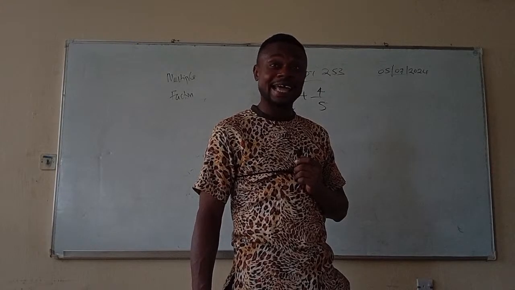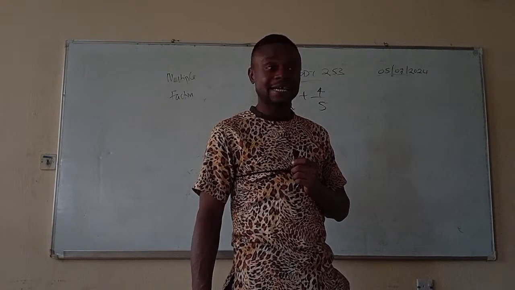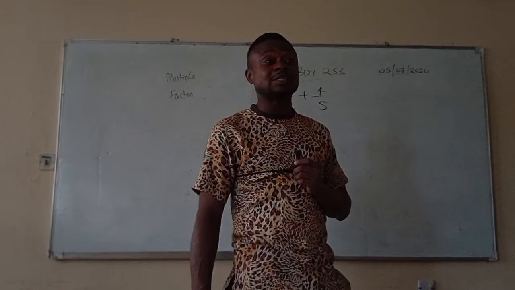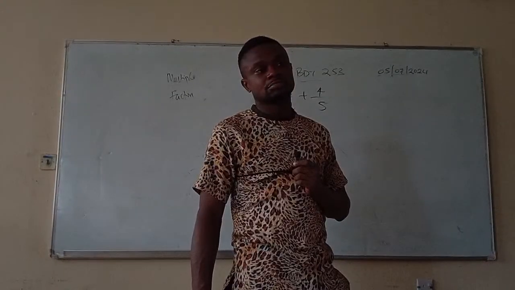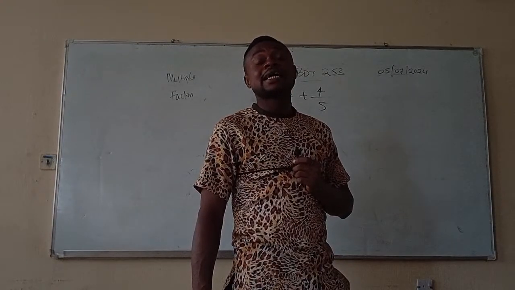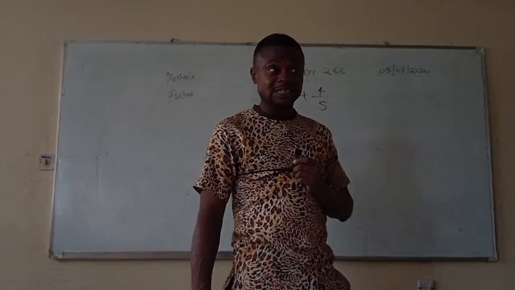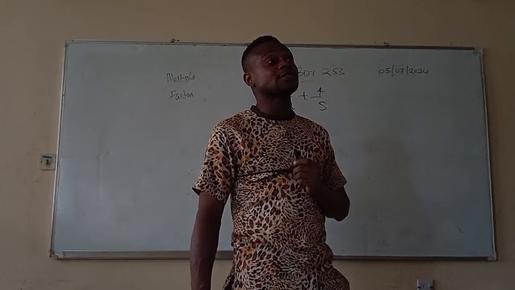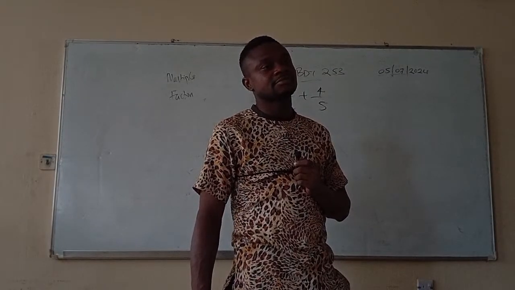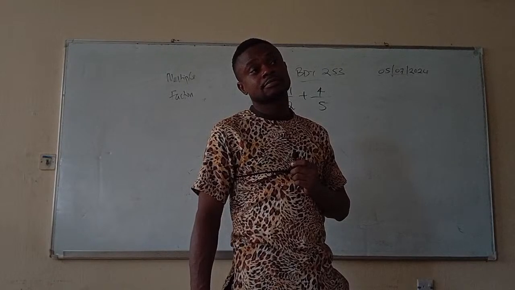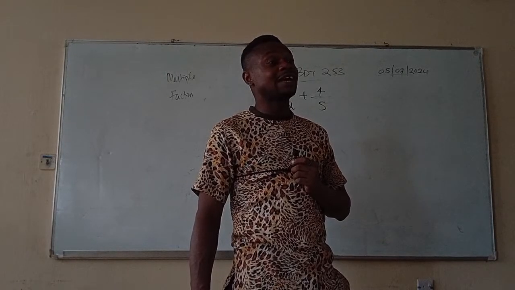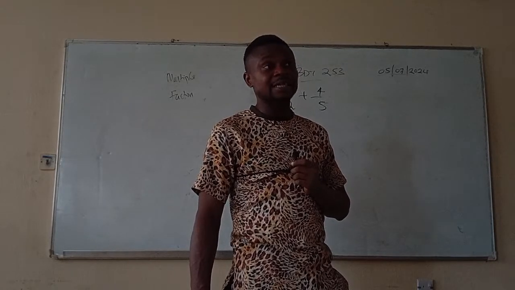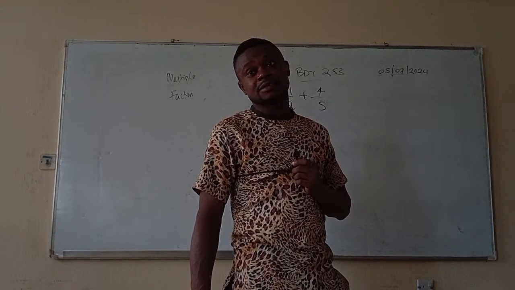Multiple of a number x is any number that can be divided by x without remainder. So any number that can be divided by x without remainder is a multiple of x. Simple.